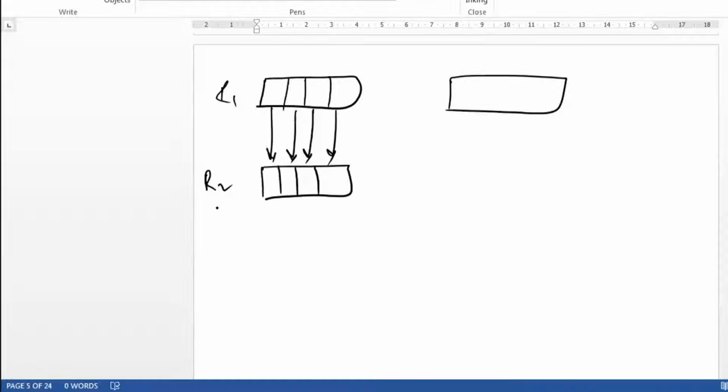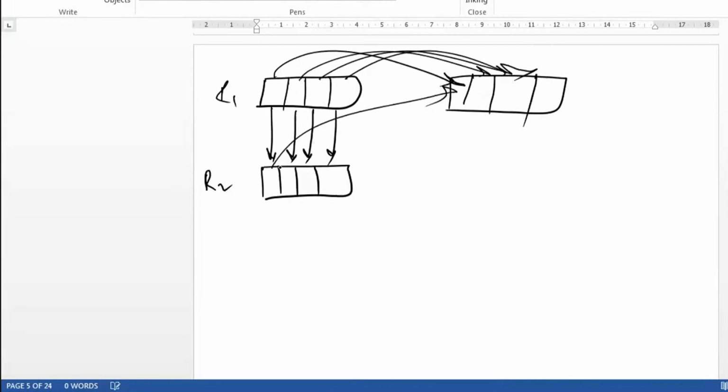I have 4 bits, I connected each bit individually to the other register's bit, and I am able to transfer the data. What if I have 3 registers? क्या करना पड़ेगा? You connect R1 to R3. You connect R2 to R3. Do you feel that this is feasible? Only for 3 registers, I had to create so many connections, right?